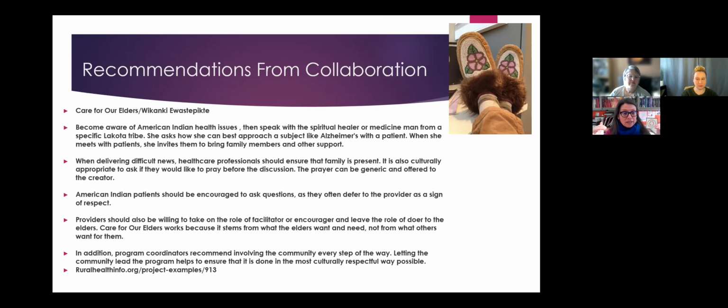It's culturally appropriate to ask for prayers, and we generally accept referring to the creator as our more inclusive and respectful term, and questions are encouraged to be asked by providers, but we might pause longer than is comfortable for some of us to allow that space to be filled by communication.